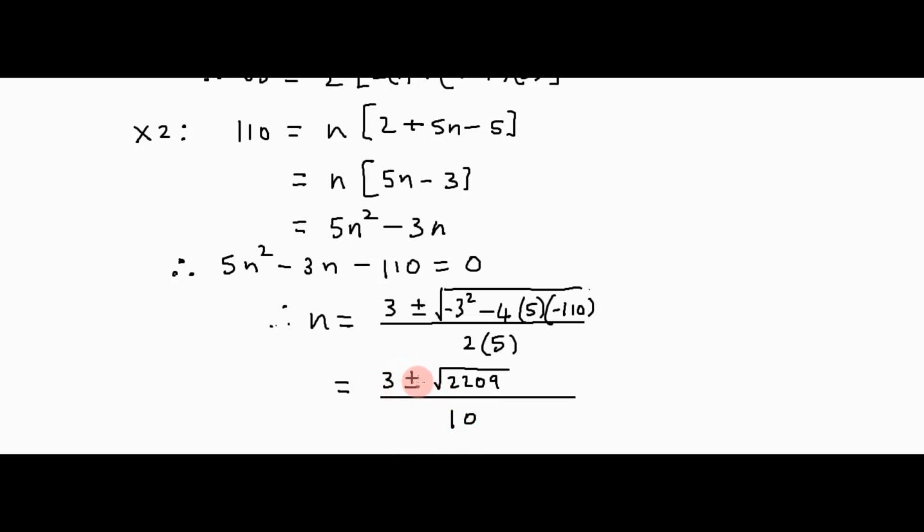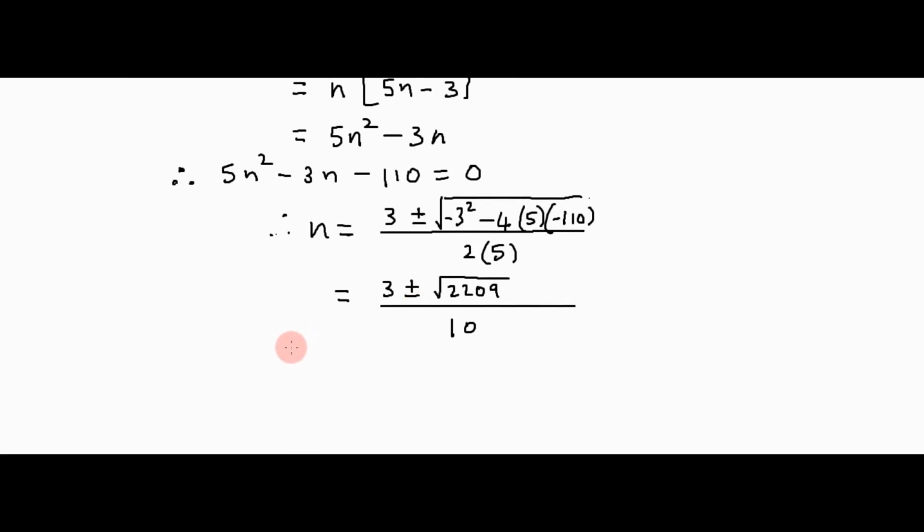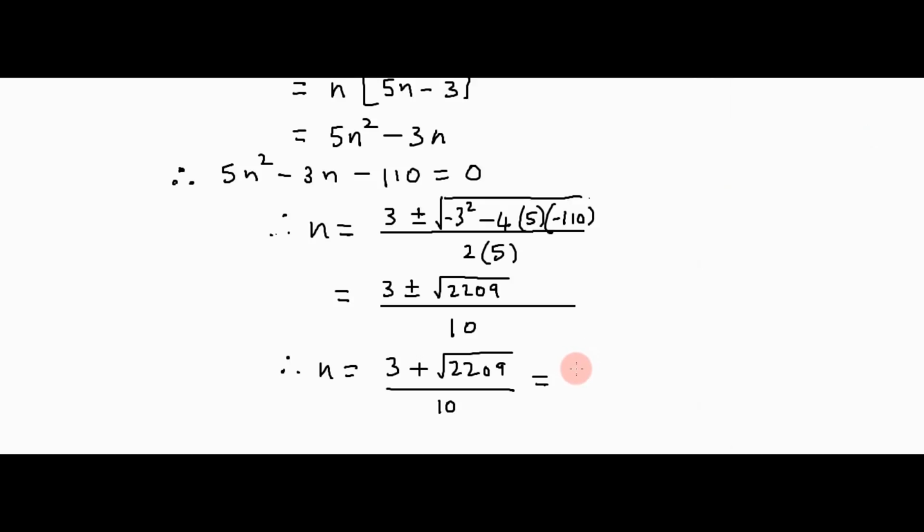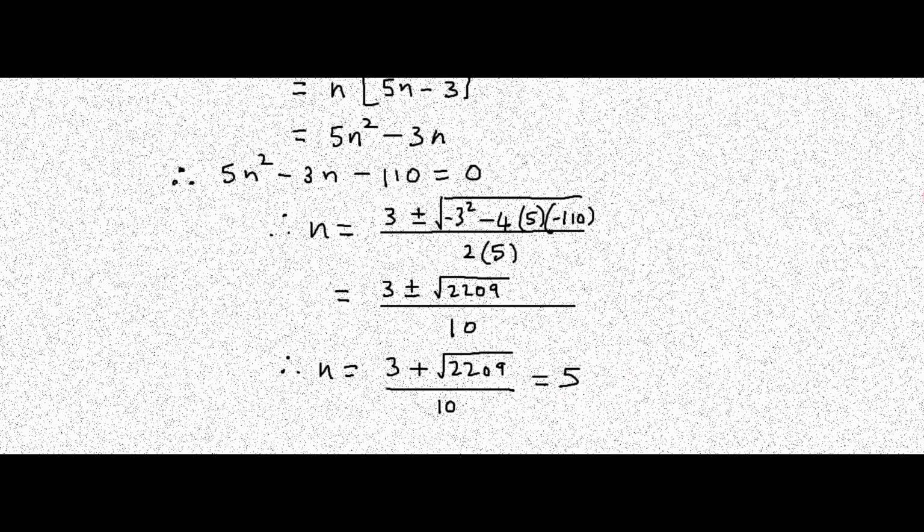Now, we can ignore the negative because n must be a natural number or a positive integer. It's a number of terms. So then n will equal 3 plus the square root of 2,209 all over 10. And then divided by 10, we see that n comes to 5. So the number of terms then equals 5.